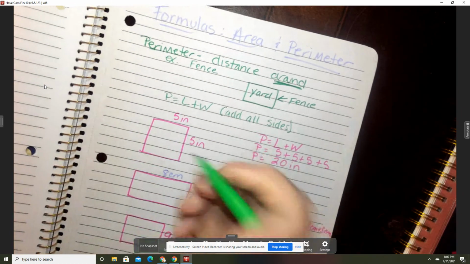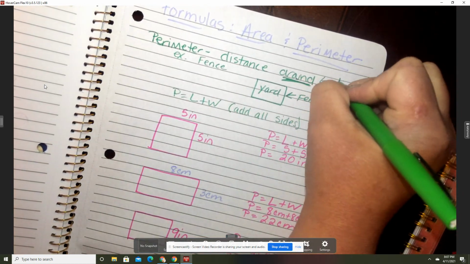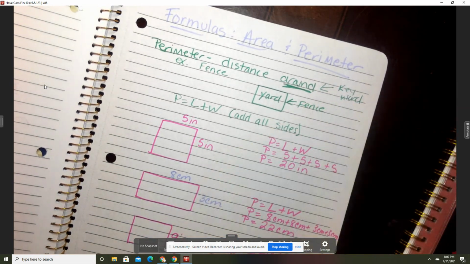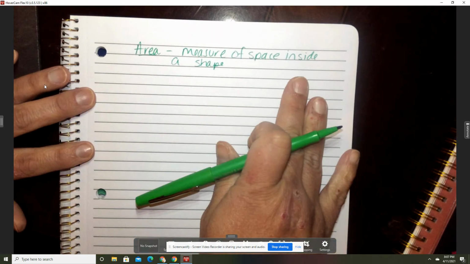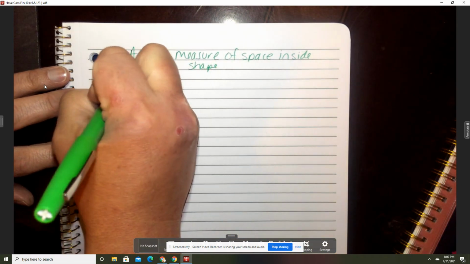Let me go back to perimeter. I forgot to add something. The key word, I highlighted it, but I'm going to put an arrow here because that's the key word for perimeter: around. The key word for area is cover.